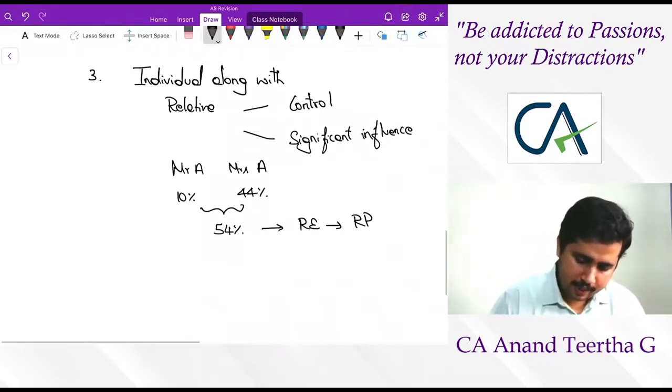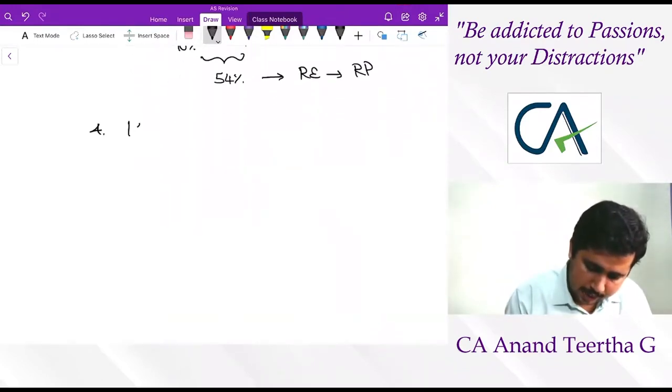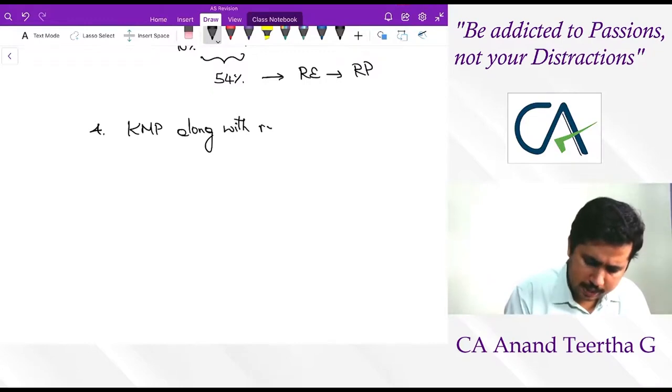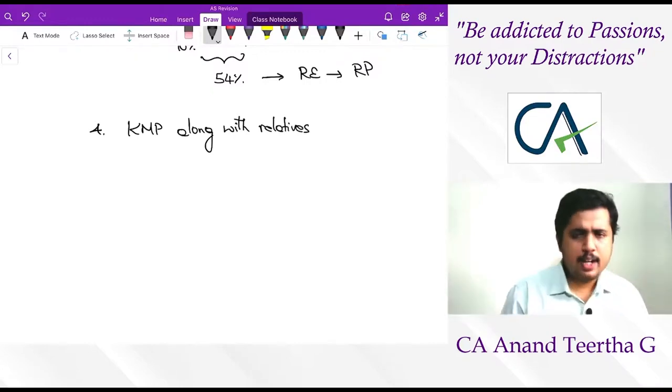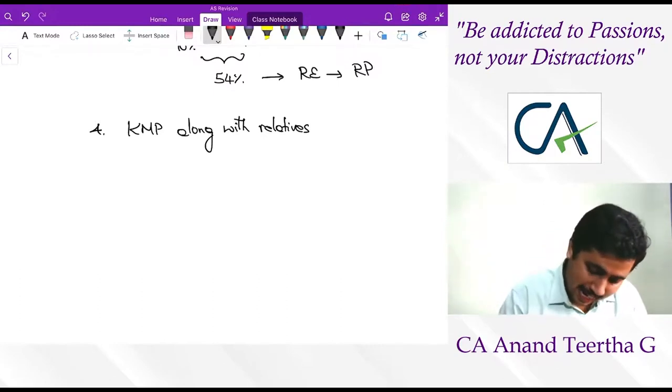Then the fourth one, key managerial personnel along with relatives, are always related parties. Now a question comes, according to AS 18, who are key managerial personnel?